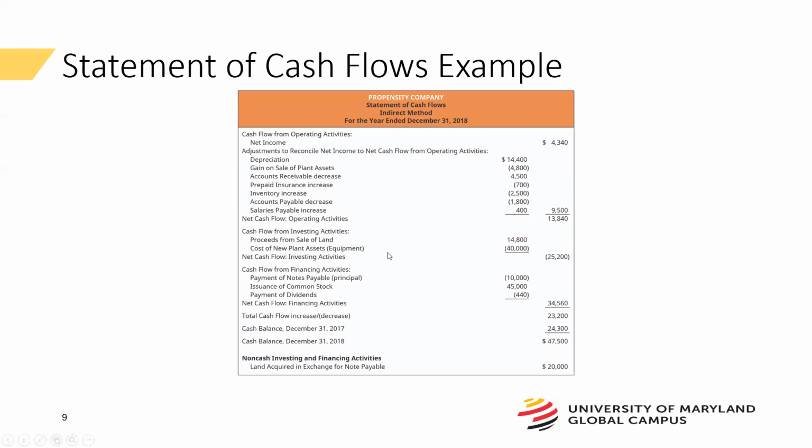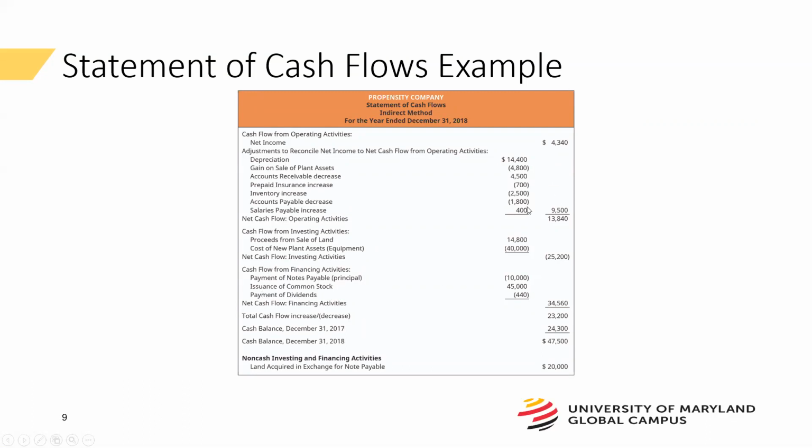The second category here in the middle is for our investing activities. And again, this is a result of the purchase or sale of property, plant, and equipment. And then in our financing activities, this would be things like paying back a loan, or issuing a loan, or stocks or dividends, or anything that involves the financing of a business.